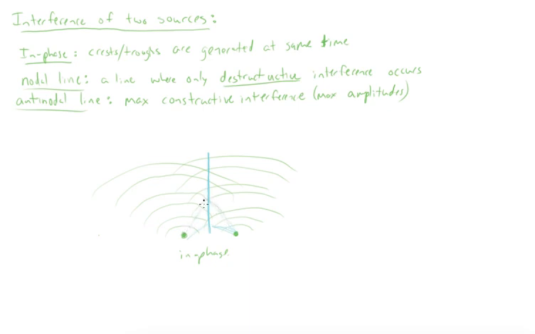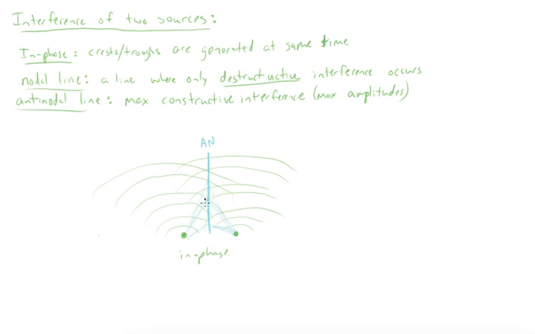So the sound waves are going to travel the exact same distance, and if they start off in phase and then travel the same distance, when they meet each other they're always going to meet at the same time. Crests are going to meet crests, troughs are going to meet troughs, equilibrium points are going to be equilibrium points. They're all going to match up. And what you will get here is an antinodal line.